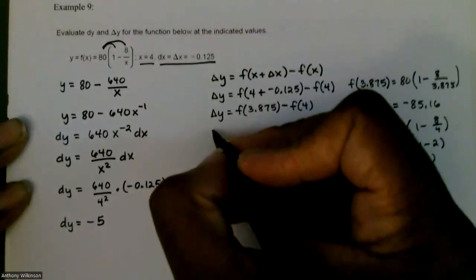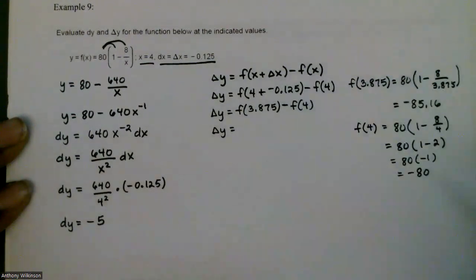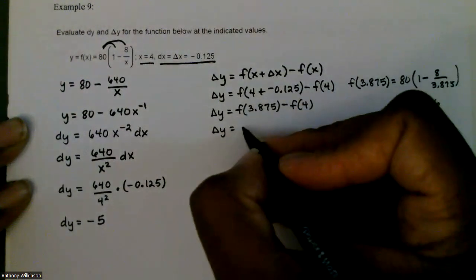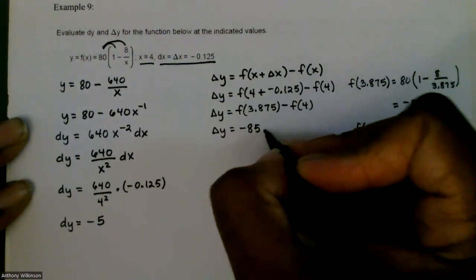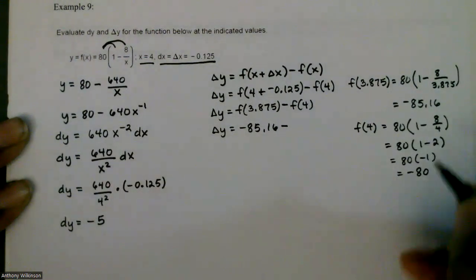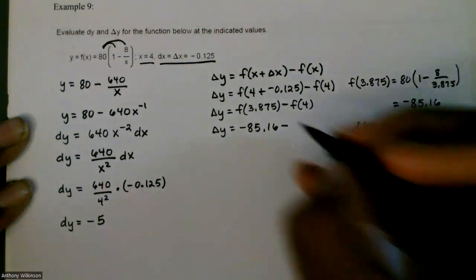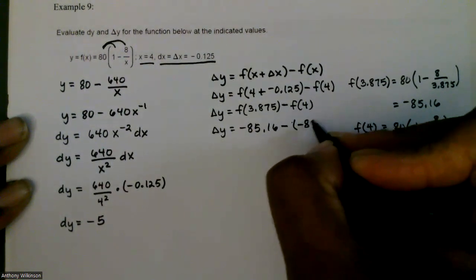Okay, so now delta y will be this. Negative 85.16 minus f of negative 4, that's negative 80.